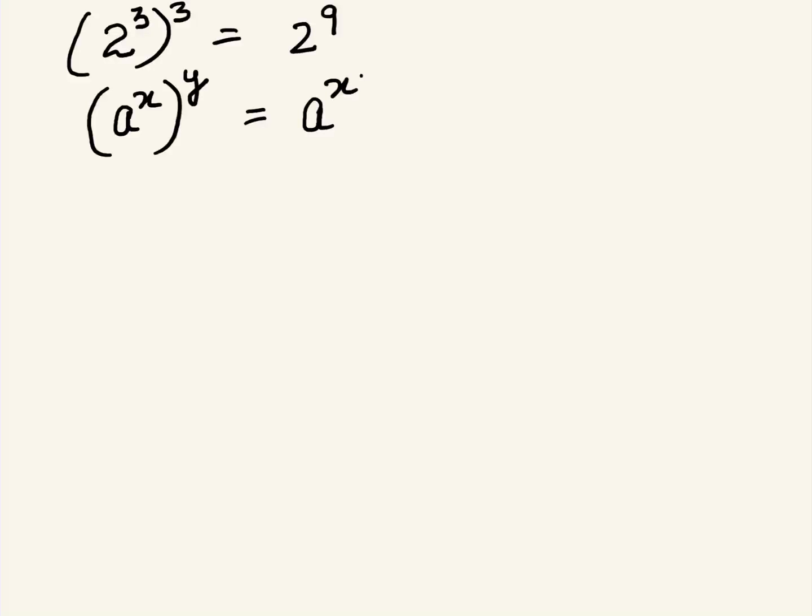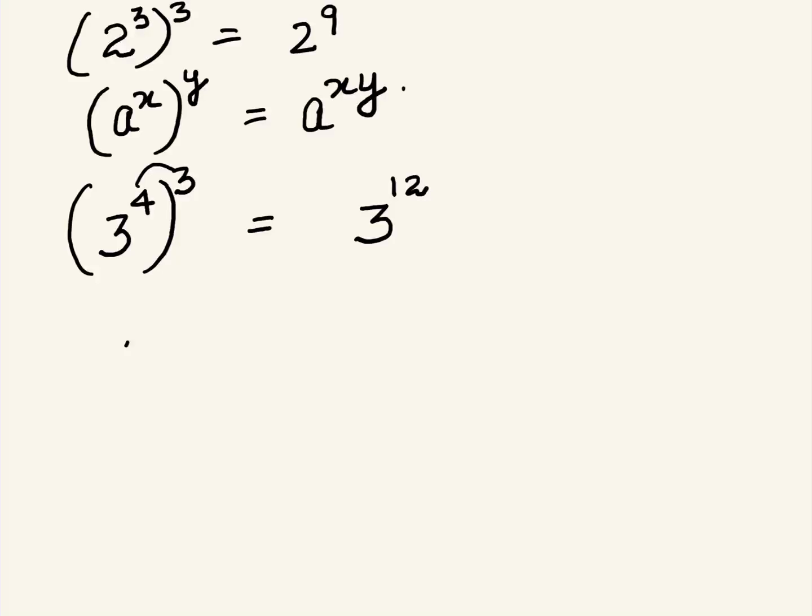I will get a to the power x times y. Wow, we are learning at a very fast pace. Let me give you a question to solve. 3 to the power 4 whole to the power 3 would be what? 3 to the power of 4 times 3, which is 12.